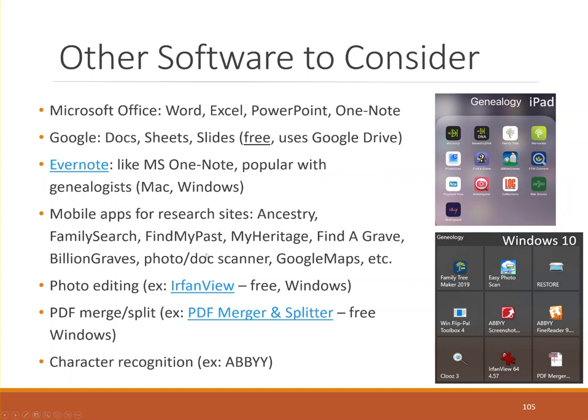There are other mobile apps that you can use. I think the big mobile app that you would want is maybe a type of photo document scanner. Definitely, you need Google Maps, it just helps you get to places.